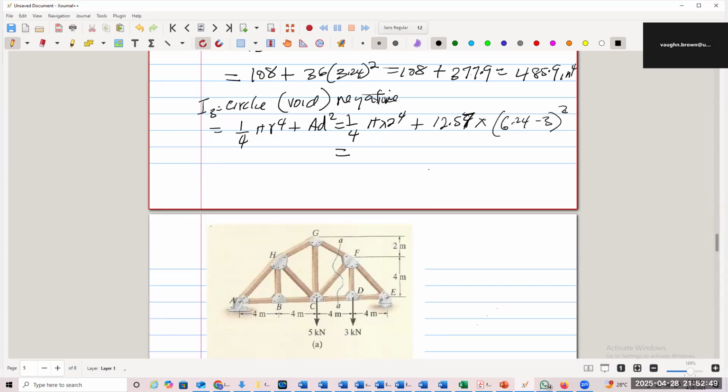So what does this one work out to be, guys, quickly. So this is pi times 2 to the 4th power divided by 4. So I'm getting back the same figure, 12.566.